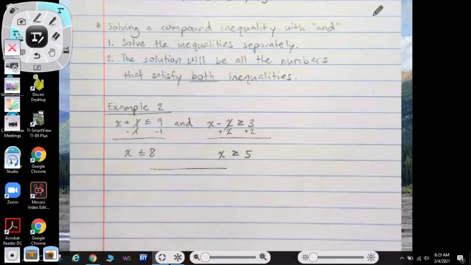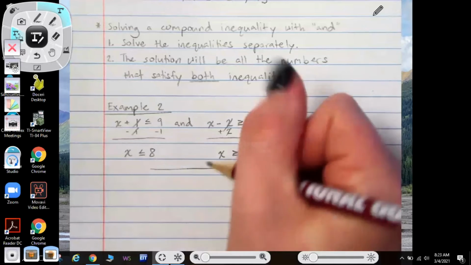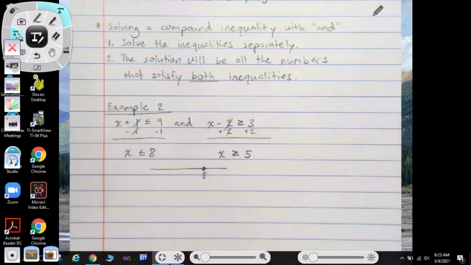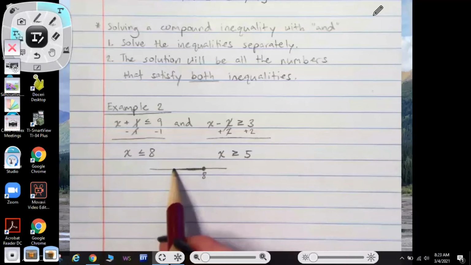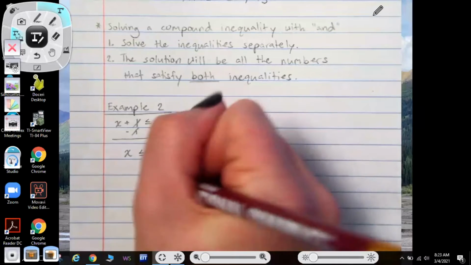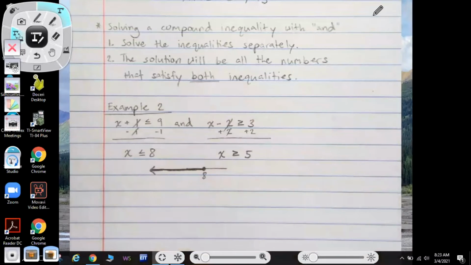So the first number line, if we're graphing x is less than or equal to 8, that means we have a closed circle at 8, and x can be anything less than that. So we shade the left side of 8. And this arrow will go all the way to negative infinity.